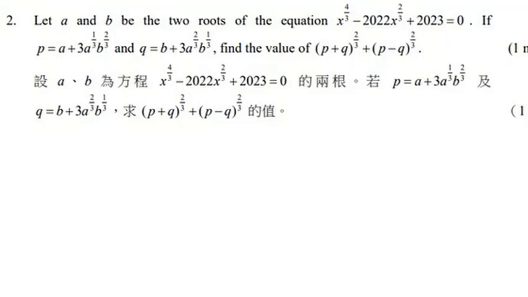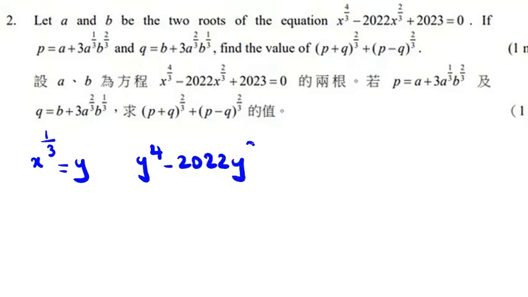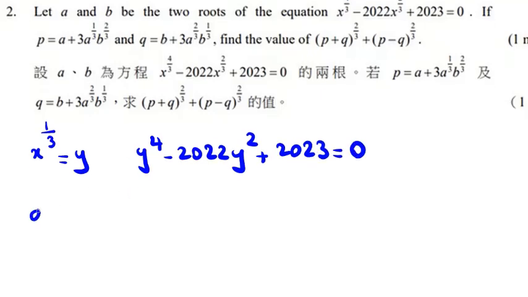Okay, and revised version. So this part, x to the 4 over 3. Let's consider x to the power of 1 over 3 is, for example, y. Then I have y to the power of 4 minus 2022 y squared plus 2023 equals 0. Now, I consider a to the power of 1 over 3 as c, and b to the power of 1 over 3 as d.